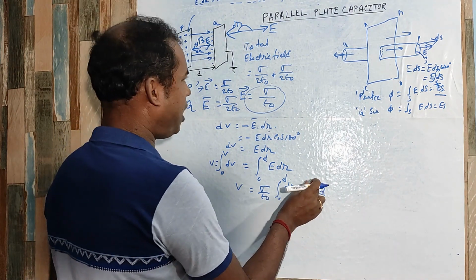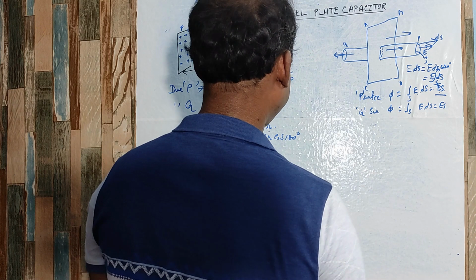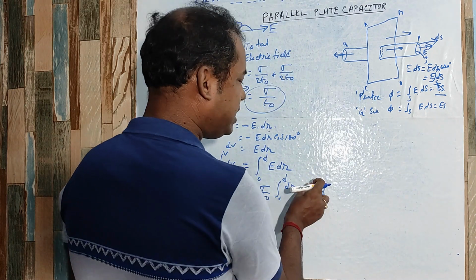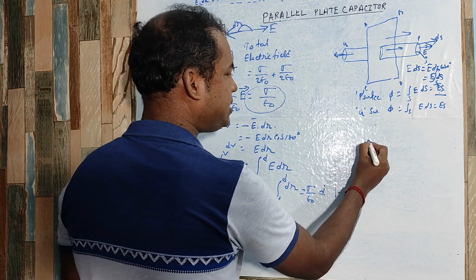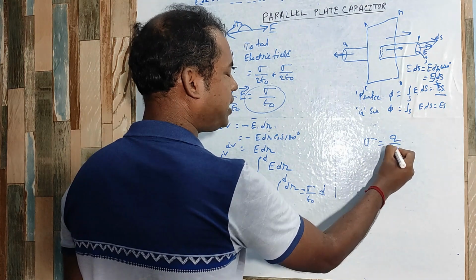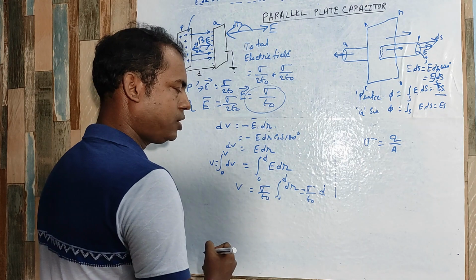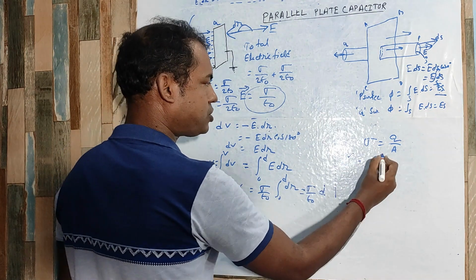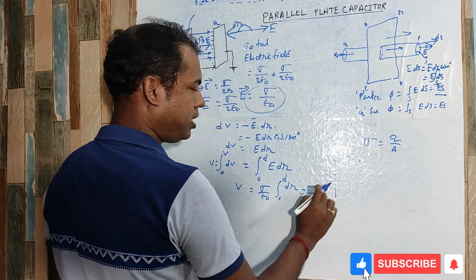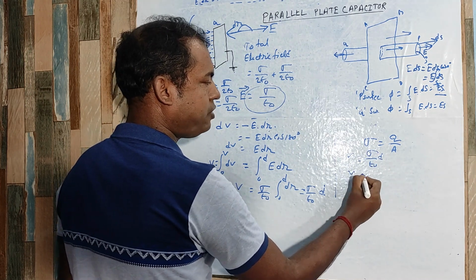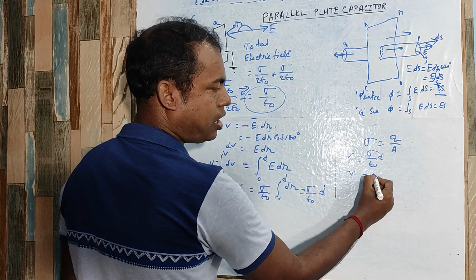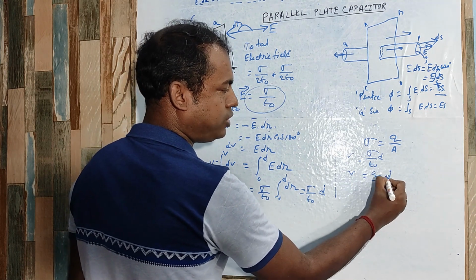Now what is sigma? Sigma is the charge per unit area, so sigma equals q by A. Putting in the value of sigma, V equals sigma by epsilon 0 into d.